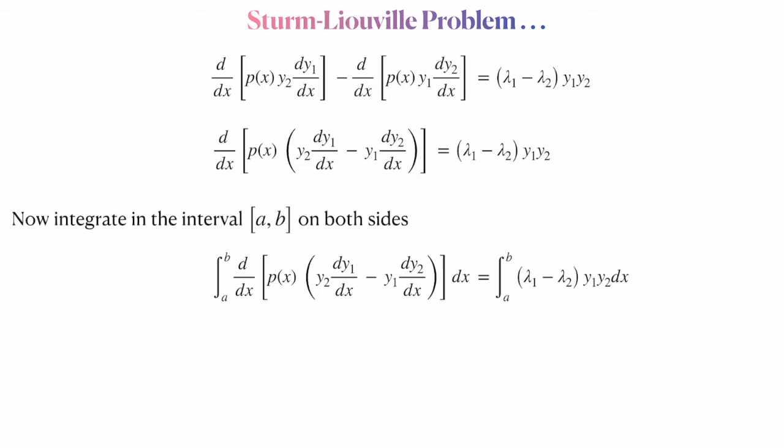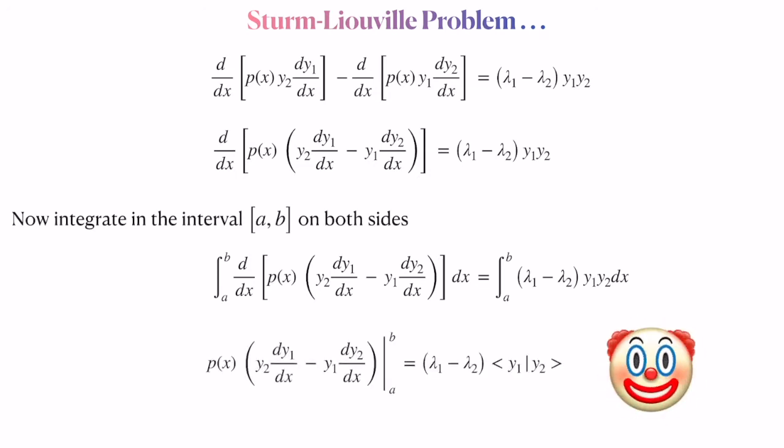On the other side, lambda 1 minus lambda 2 are constants, so they come out of the integral, and we have y1 dot y2. So we get that p into y2 dy1 by dx minus y1 into dy2 by dx evaluated on the boundary a and b is equal to lambda 1 minus lambda 2 into y1 dot y2.